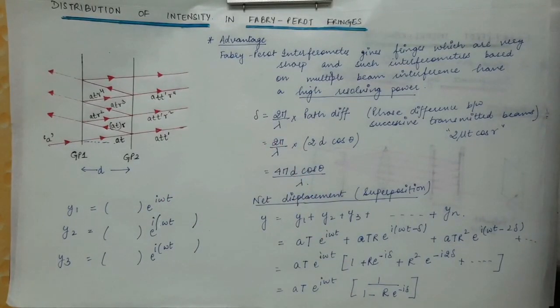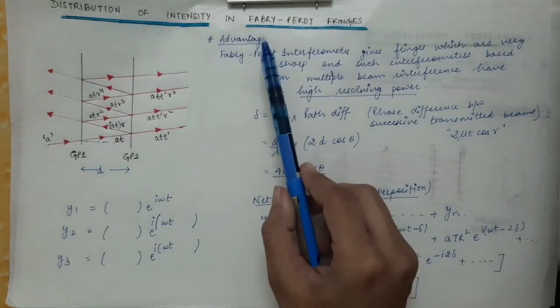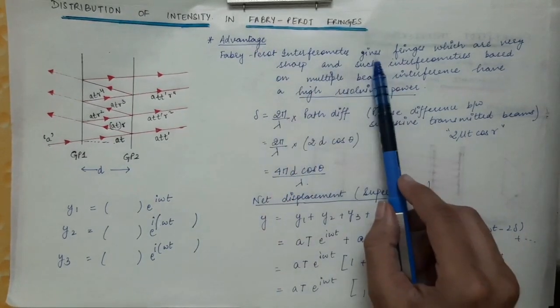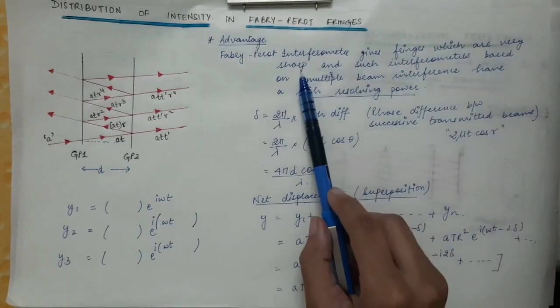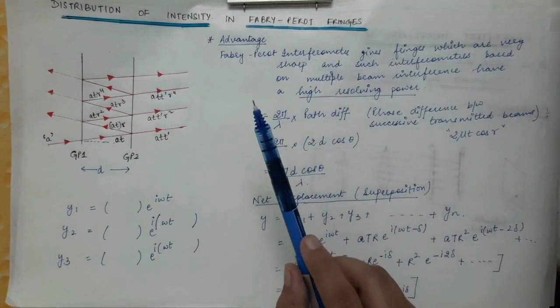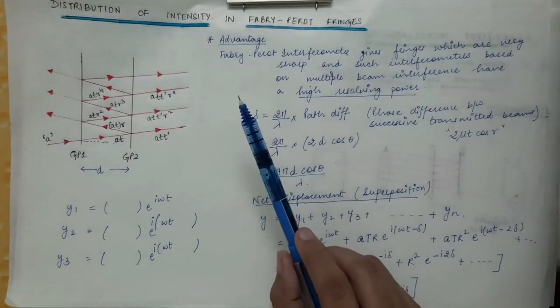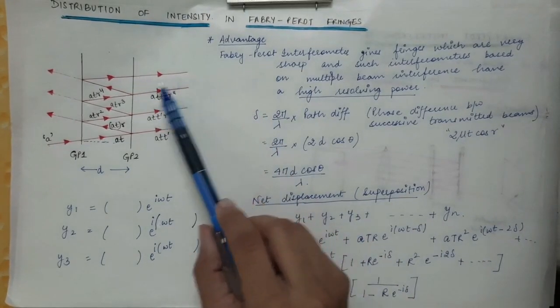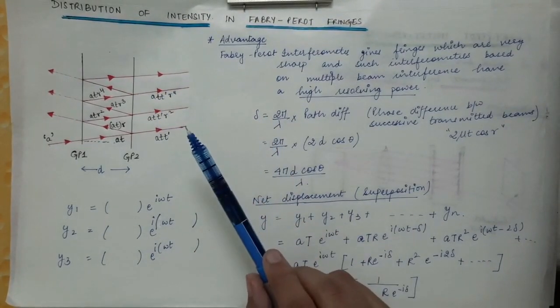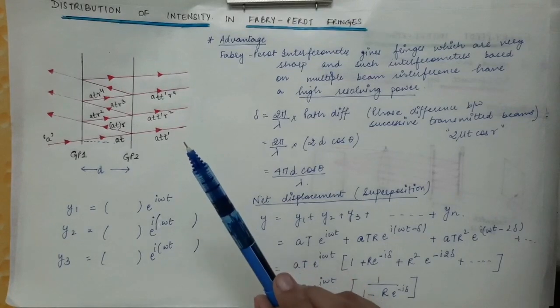So first of all, what is the advantage of the Fabry-Perot interferometer? The advantage is that it gives fringes which are very sharp, because we get a single fringe by the superposition of multiple transmitted rays, and hence that fringe is very sharp.